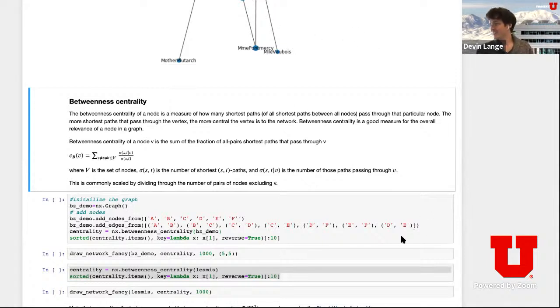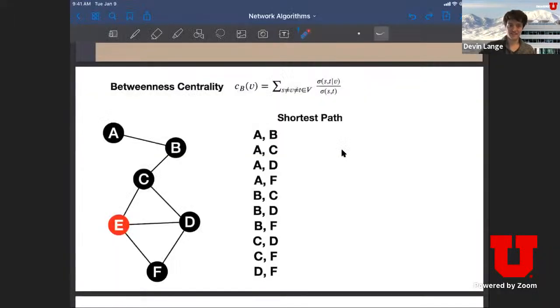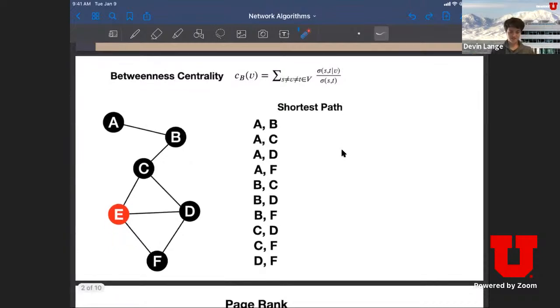And I can share this. Great. And you should be seeing betweenness centrality and a little diagram here. And we are going to be looking specifically at calculating the betweenness centrality for this node E, which is why it's highlighted red.